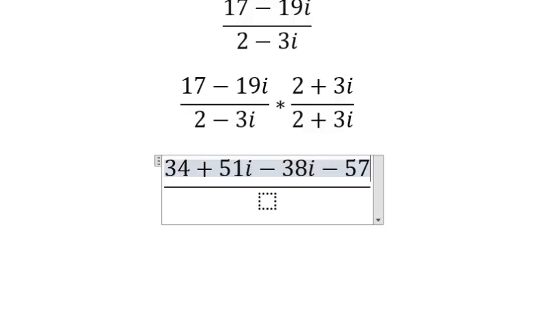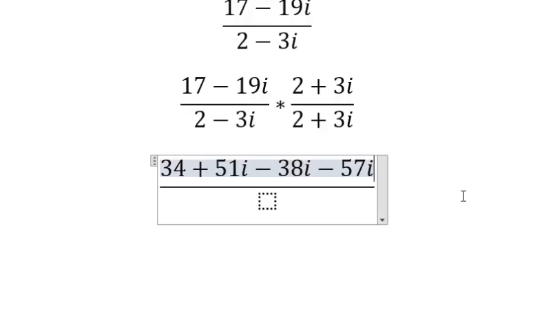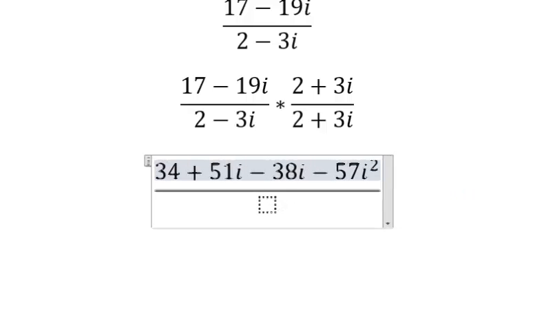And if you notice, we're multiplying i times i, right? Because it's minus 19i times 3i. So that will be minus 57i squared. And now we continue with the multiplication of the denominators. 2 times 2 will be 4.